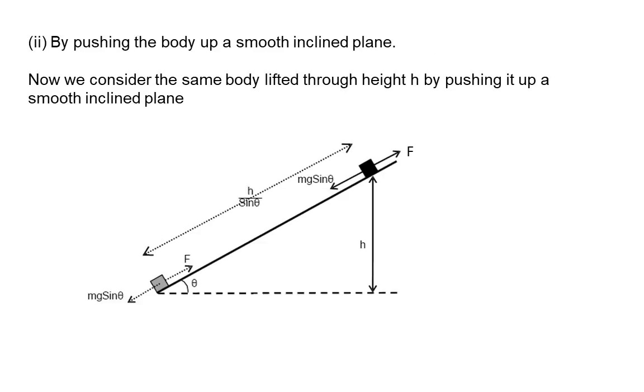Now, for the second method, we have to uplift the body up to the same height h, but now through an inclined plane. The inclined plane is smooth, but the height from the ground is h again, as shown in the diagram.